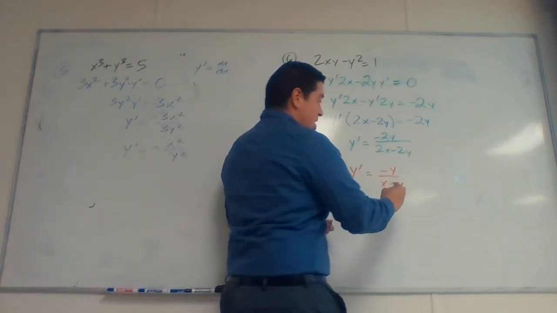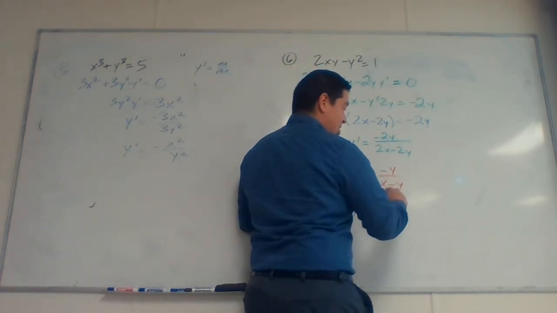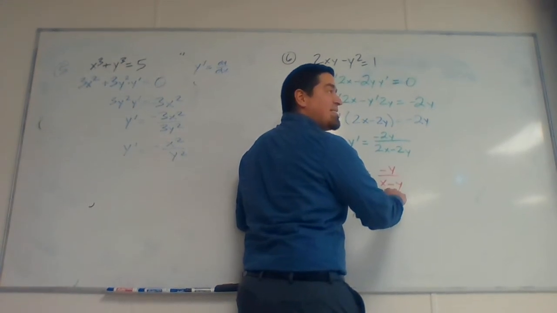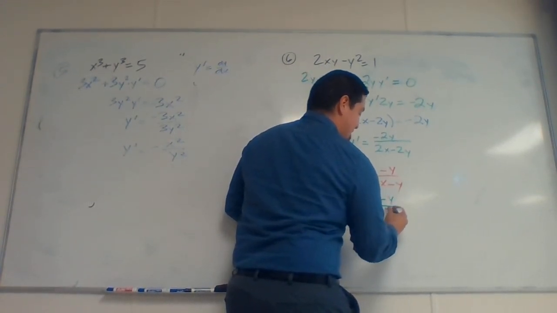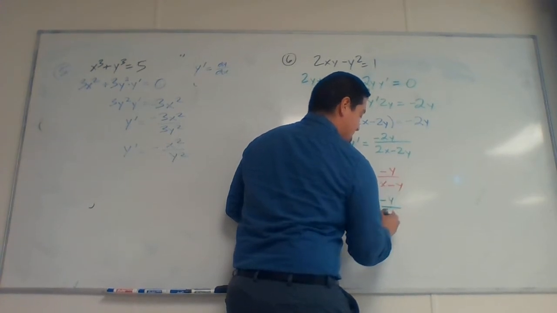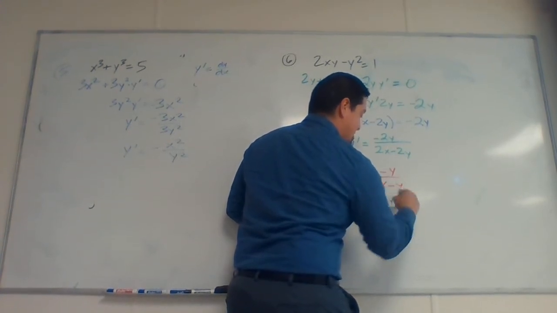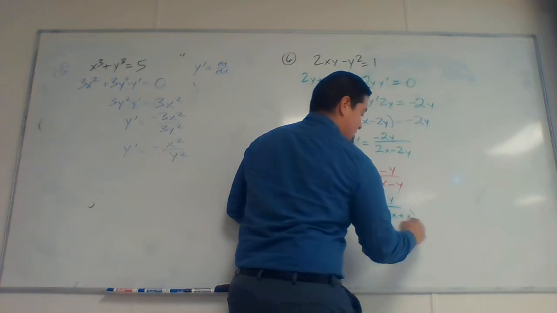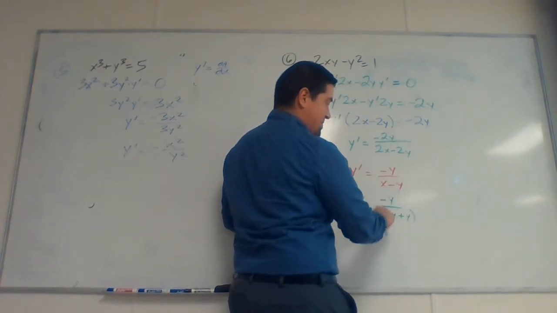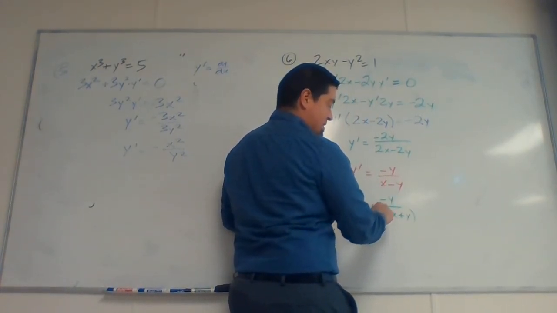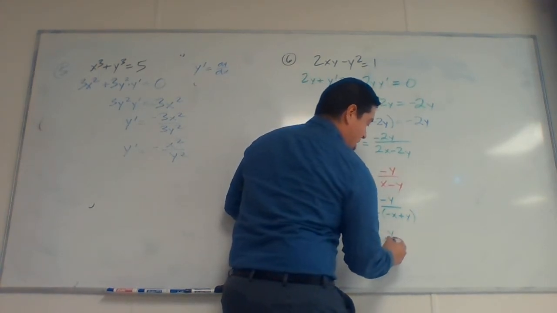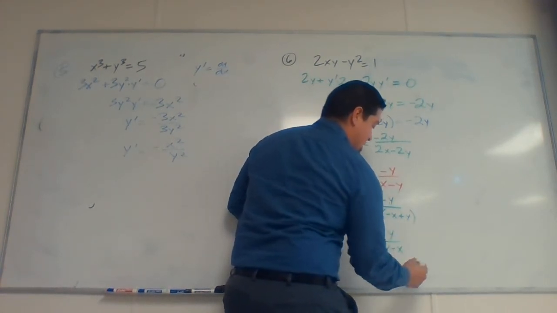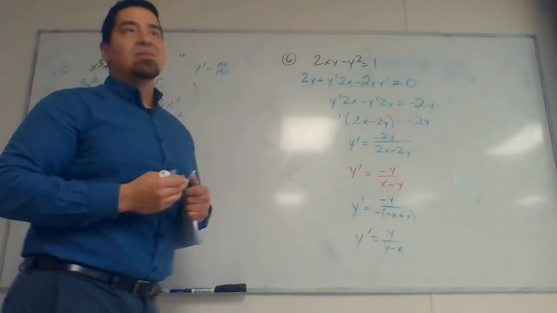What if we factored out a negative here? Here's a very subtle thing. Factor out a negative, and that becomes negative x and that becomes plus y. Does everybody see that these two are the same? But then what happens with these two negatives? They cancel out, and you get y over y minus x. So that's also another form of it.